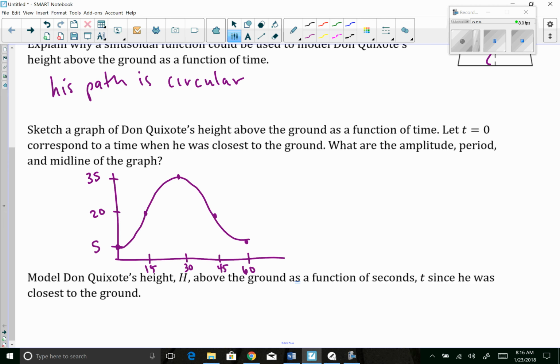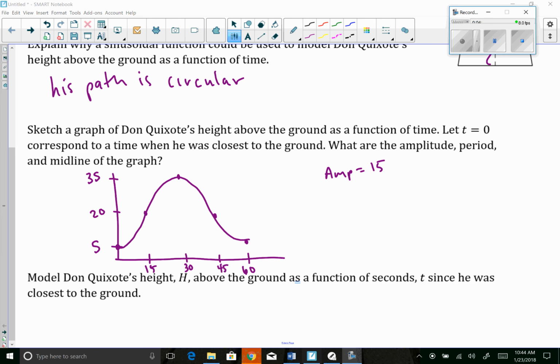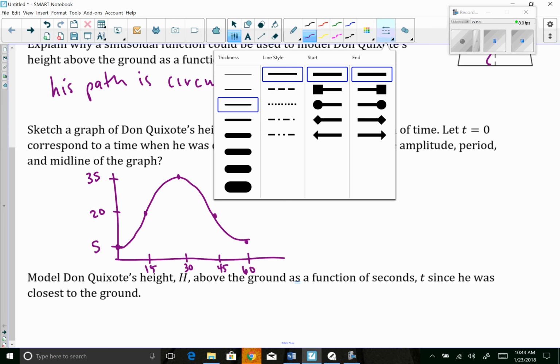It says, what is the amplitude, period, and midline of the graph? So the amplitude is going to be 15, because it's a distance of 15 from 20 to 5. The period, all right, so now that we know the amplitude is 15, we can try and find the period and the midline of this graph as well.